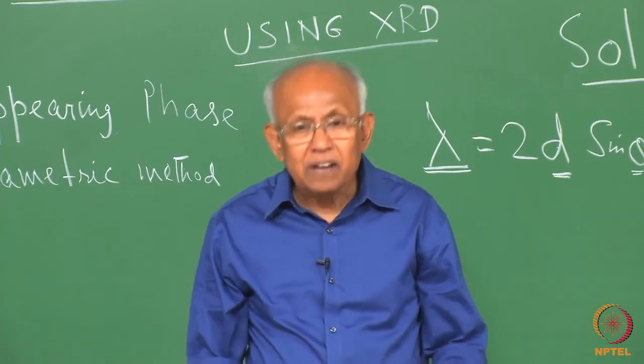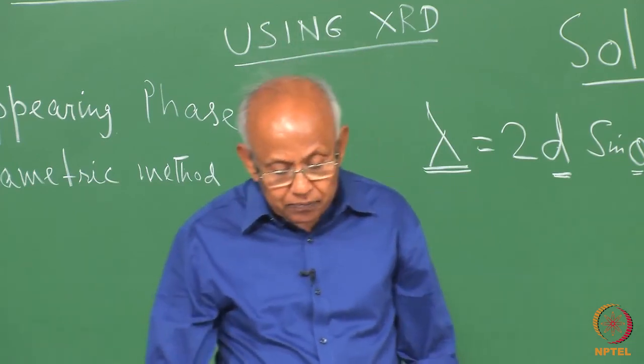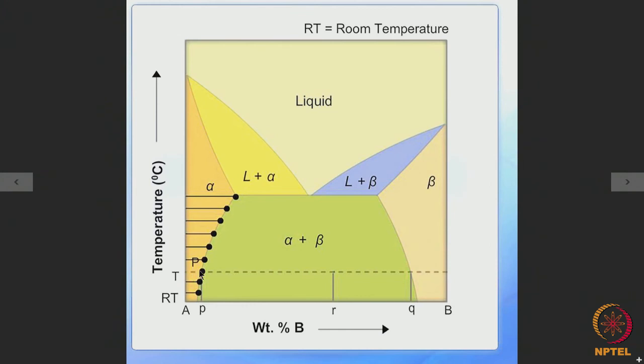So, in the disappearing phase method, what do we do? We take a series of compositions. Say if we want to find out the solvus point at the temperature T, we make a large number of alloys, and then say for example, we have an alloy over here, and find out the X-ray diffraction pattern.